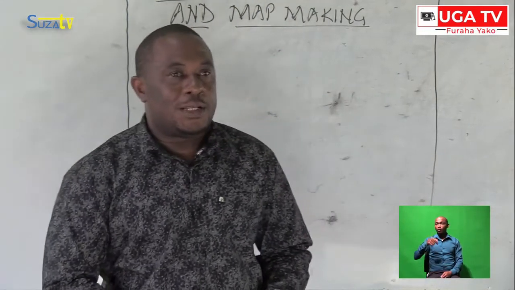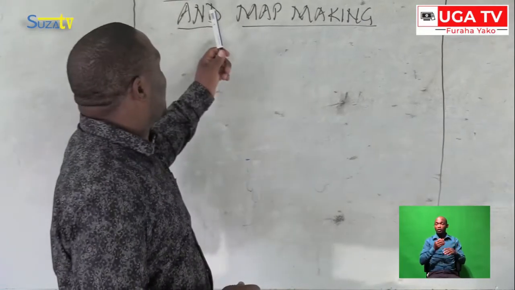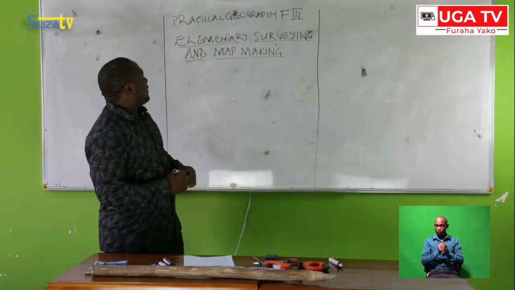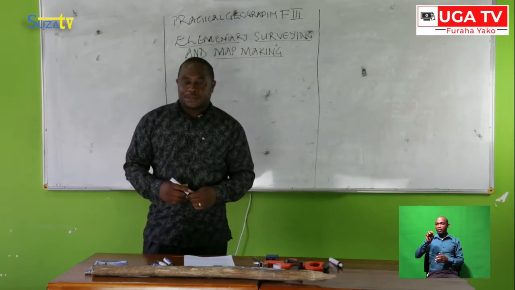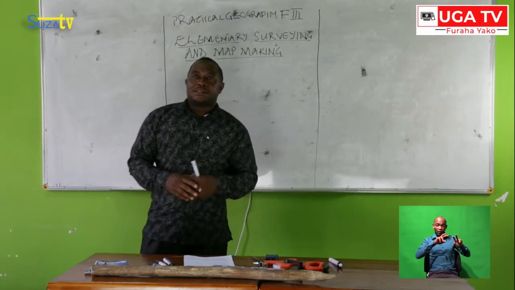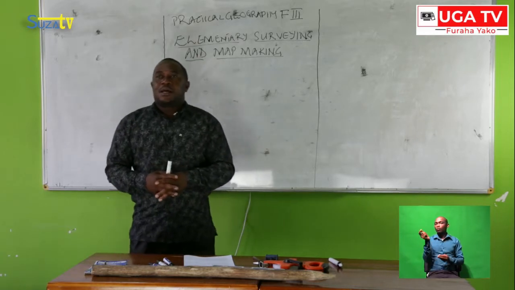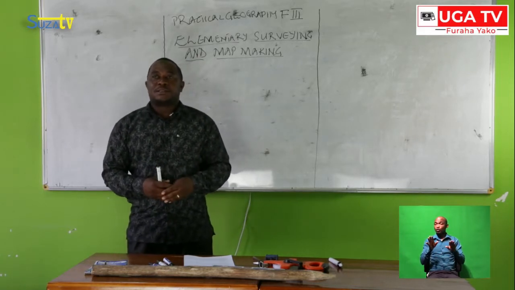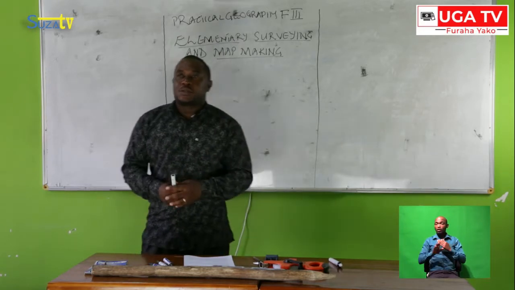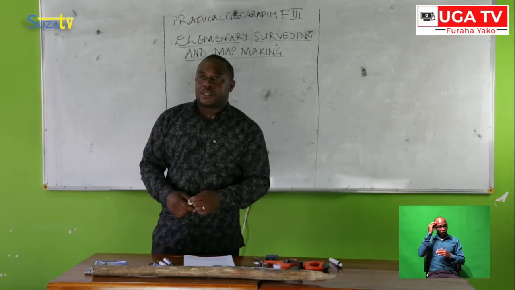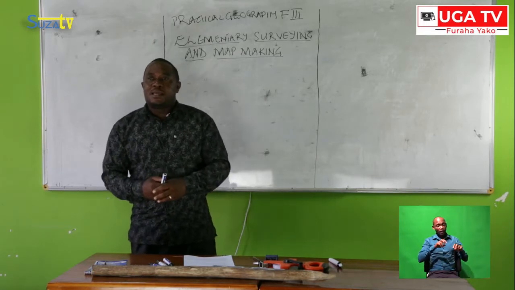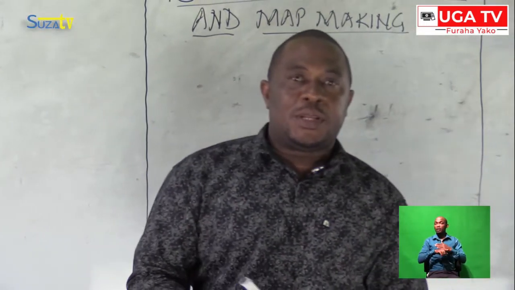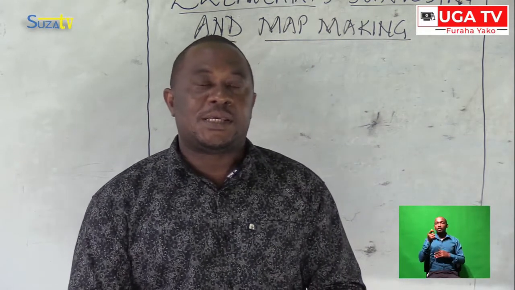Today, our topic is elementary survey and map marking, which is one of three topics. This is a new topic in our syllabus, so I will give a short history. Survey began in Egypt around 120 BC.